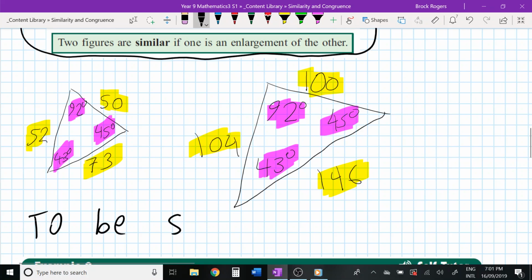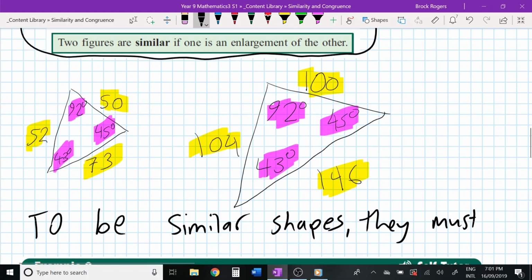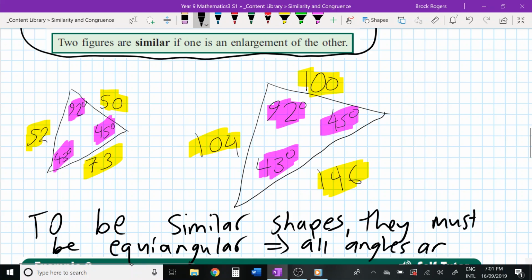So to be similar shapes, we call it being equiangular, i.e. all angles are equivalent.